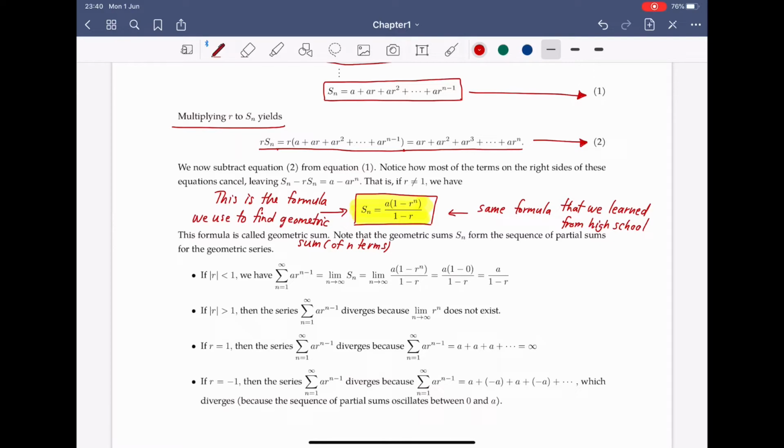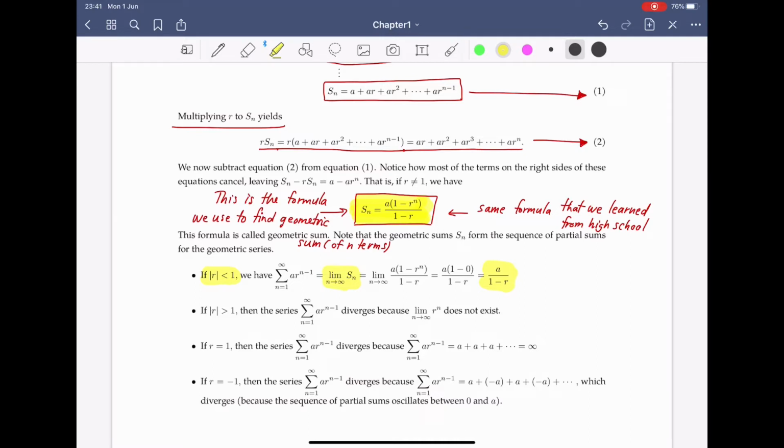And then when it comes to series, we take the limit of S_n. When you take the limit of S_n, you can see that the behavior of the limit is going to be based on the value of r. So if absolute r is less than 1, when you take the limit here, you get a over 1 minus r. In this case, we say that the geometric series is convergent.